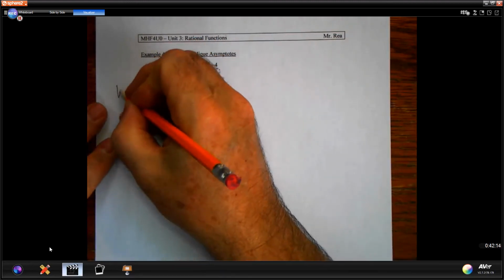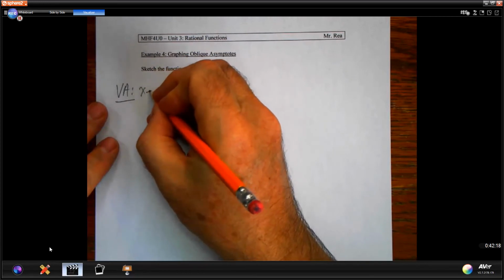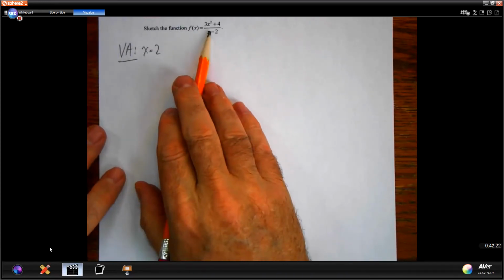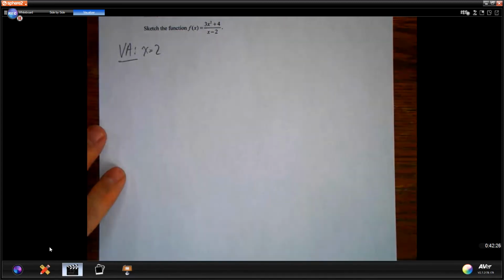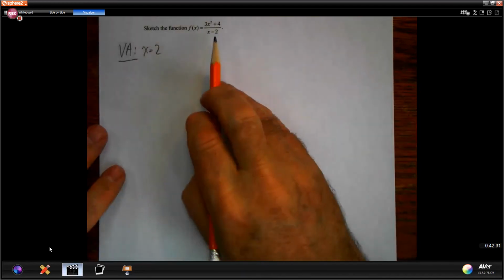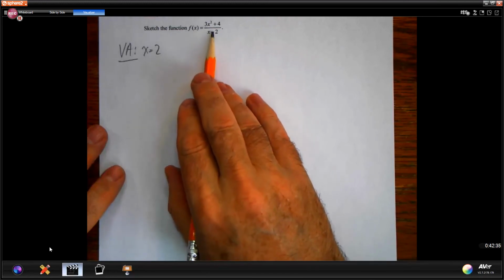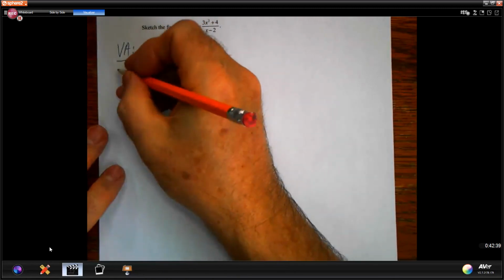Now, if I'm doing my regular work, vertical asymptote at x equals 2, because that value of x equals 2 will create an undefined value for that function. Now I can see from the degree here, and I'm not going to go through the same case, 3x squared over x, I can see the degree is 1 higher, so I know I have an oblique asymptote.